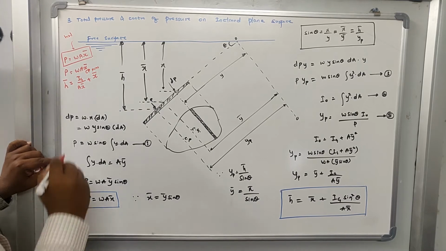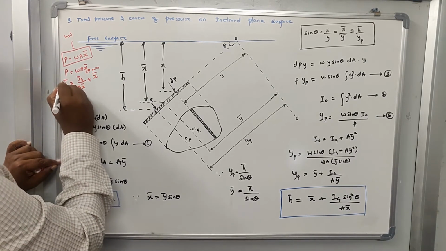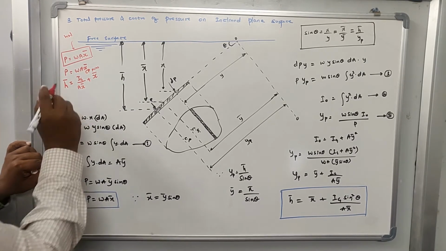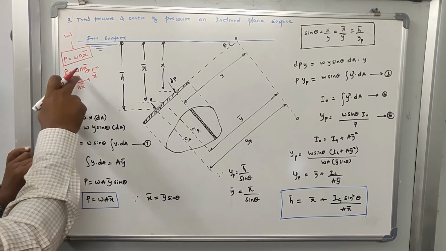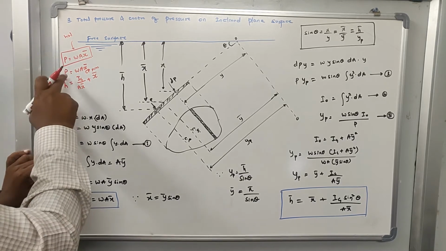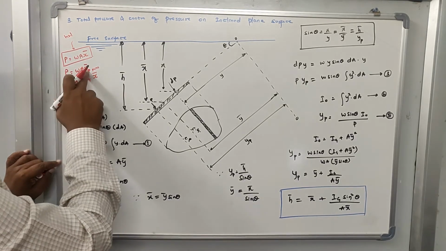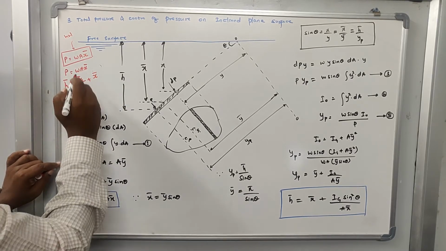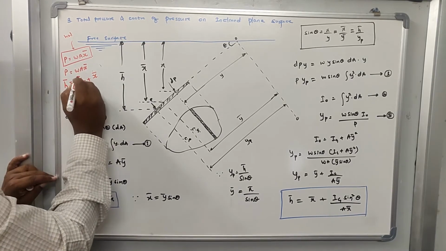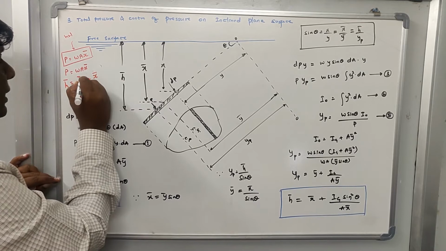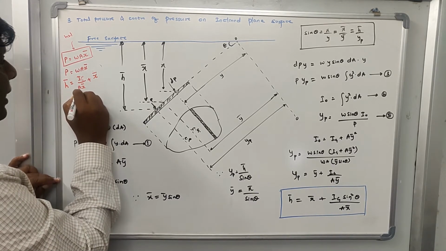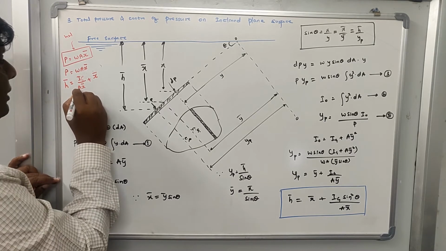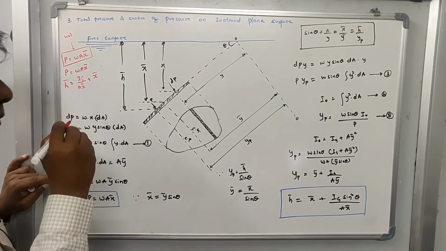This center of pressure we also derived. h bar is the vertical distance between the free surface and the center of pressure, where the maximum pressure is going to act. This is equal to Ig divided by A x bar, plus x bar. Ig is the moment of inertia about the centroidal axis. A is the area of the vertical plate.